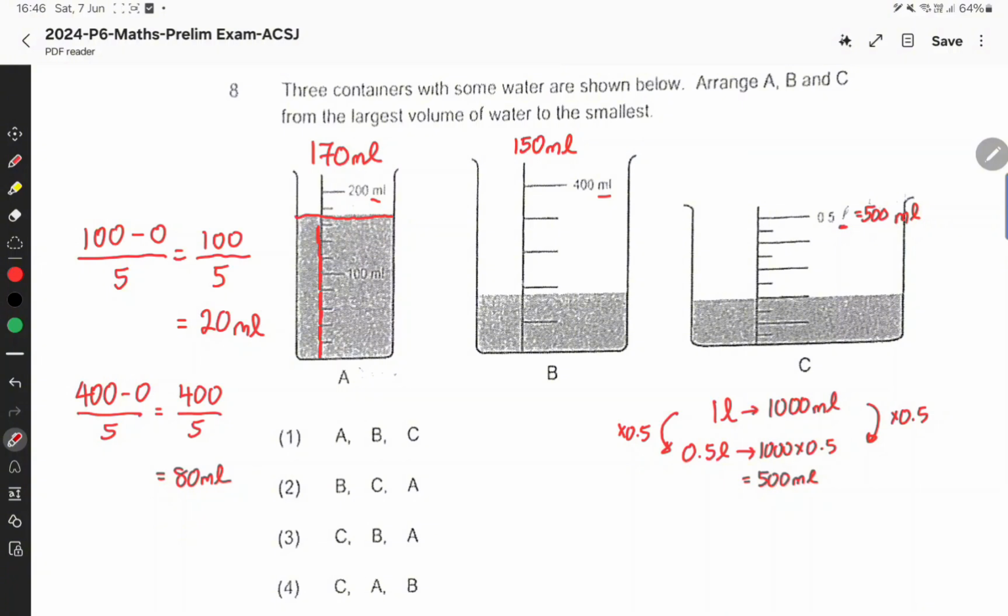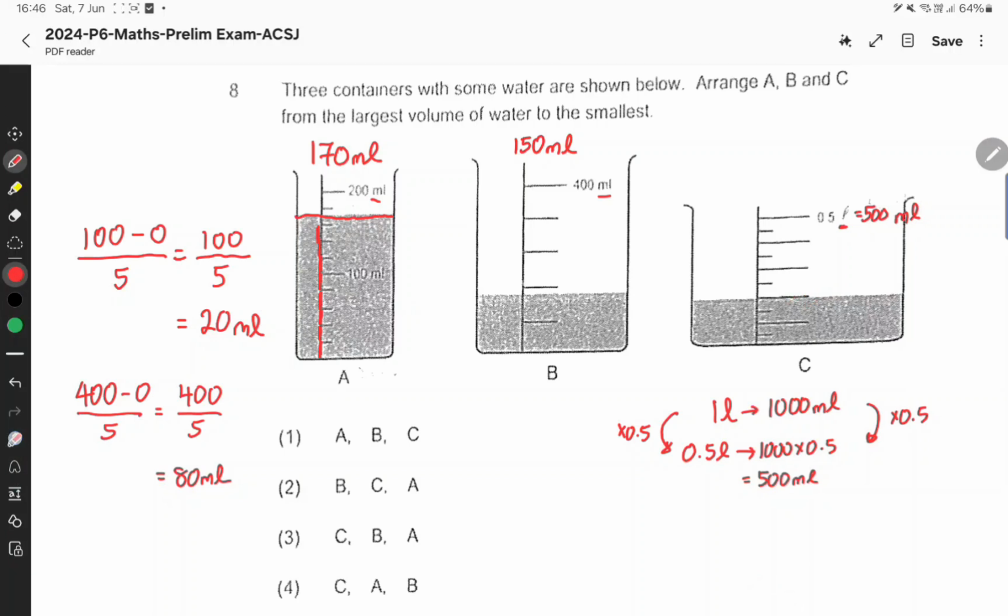Now, to find out what is the total volume of this container, what we're going to do is the same exact working as how you do for A and B. We're going to find the number of spaces. Since over here the water is on this longer length, we can just find the spaces in between all the longer length.